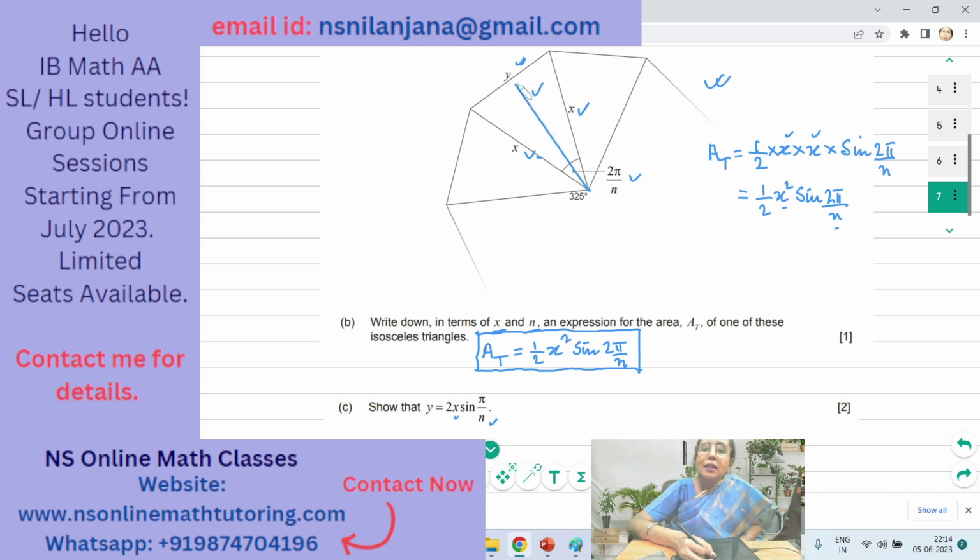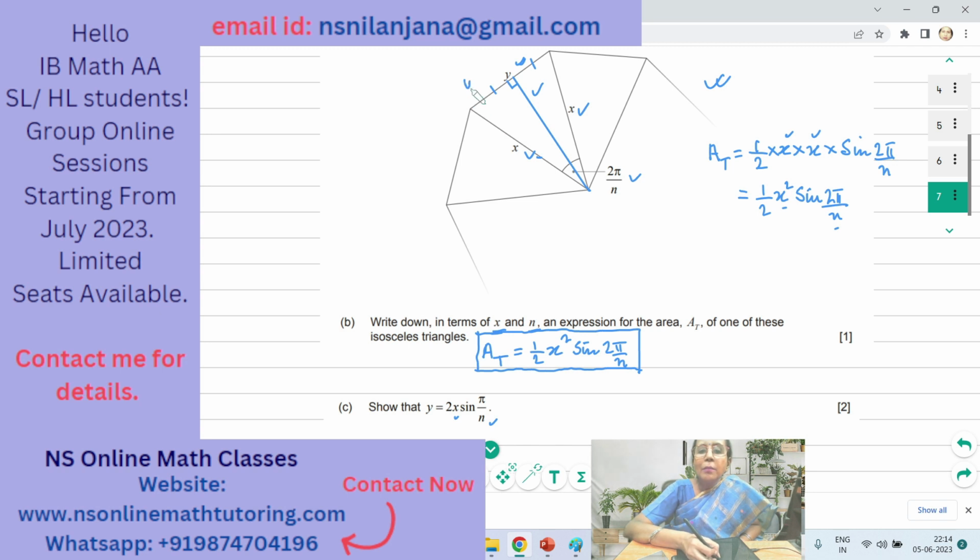For that, I am dropping a perpendicular from this vertex of the isosceles triangle on this third side. Okay. And since this is an isosceles triangle, a perpendicular that is dropped from the vertex onto the base of an isosceles triangle bisects the base.